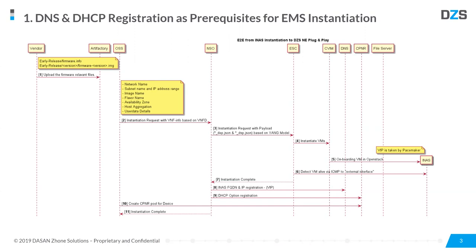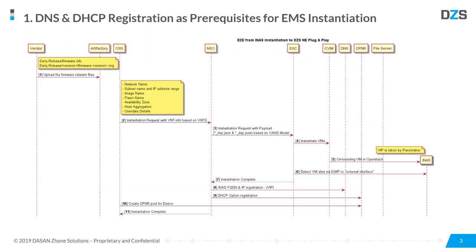And then OSS starts to instantiate our EMS, INAS. The name of our EMS is INAS. To make INAS instantiated, some OpenStack artifact related information, and some host name, the FQDN and the IP address should be required.